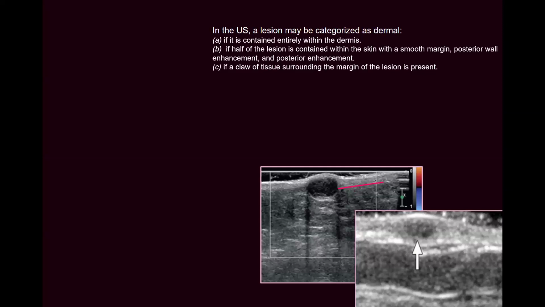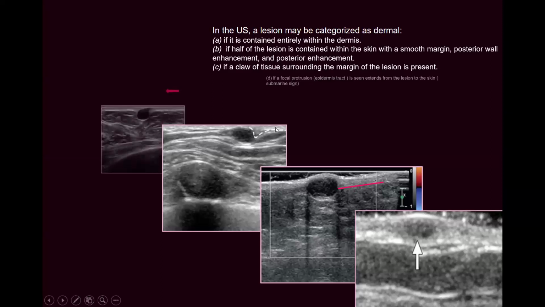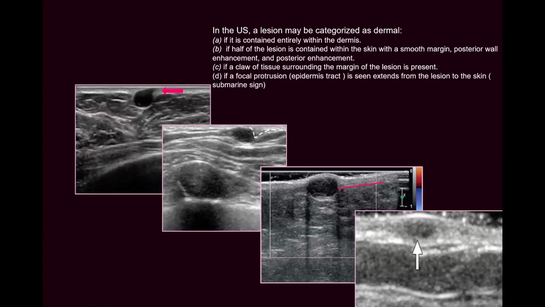Most of the lesions, look here, this is the inferior, the inner dermal lines. Most of the lesions are contained within the skin, and if you change the angles, you might even see the claw sign. All these are reassuring signs.